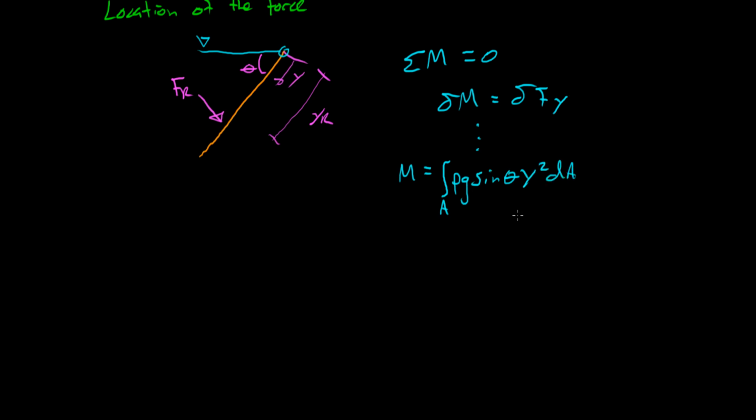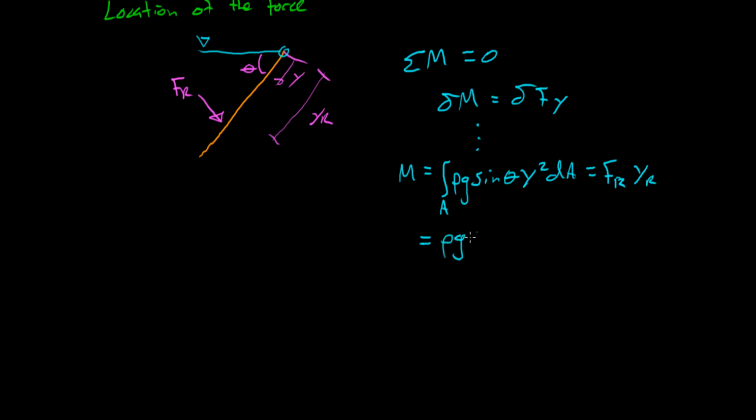That's because we dropped that extra y in there. And that's then just equal to rho g sine theta integral y dA. Well, that's what we had on the last page. In other words, that is the reaction force times yr, the distance along the surface at which the reaction force acts. And we can pull all the constants out again for constant acceleration and incompressible.